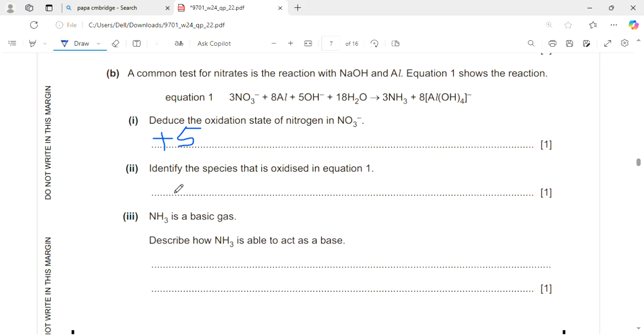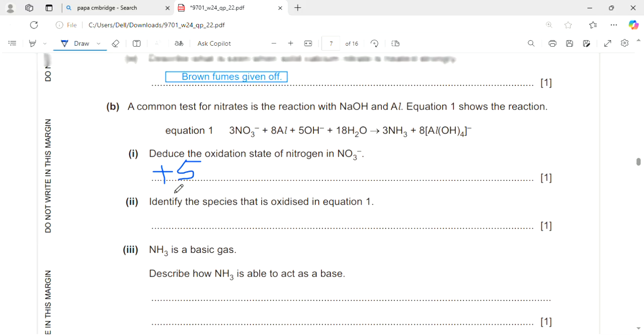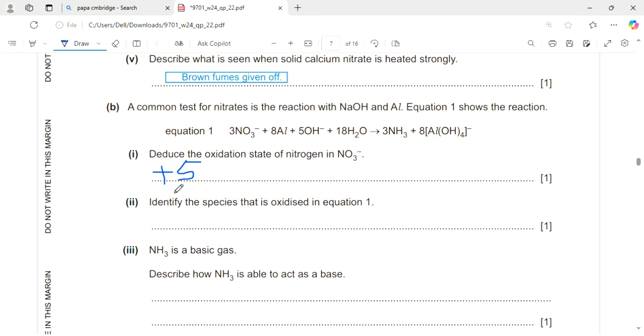Identify the species that is oxidized in equation 1. So, what is the definition of oxidation? It means it loses electrons, so it is oxidized. Or gaining oxygen is called oxidation, and gaining hydrogen is reduction.